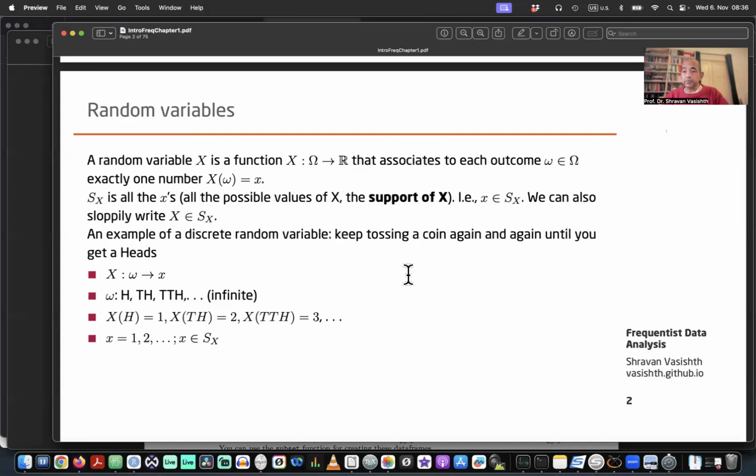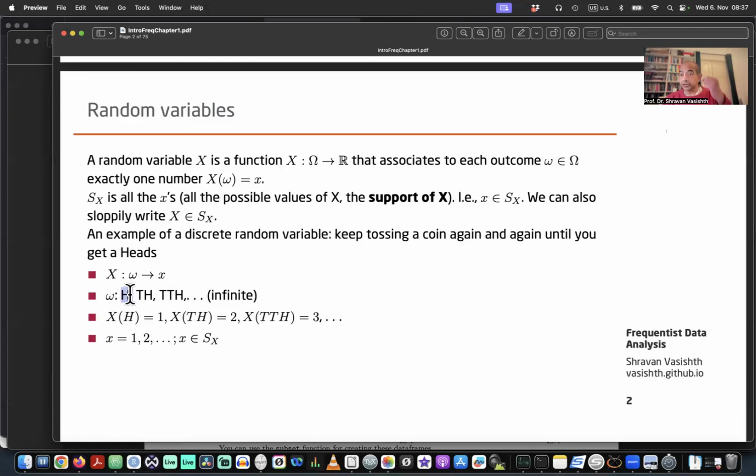One possible outcome could be that you toss the coin just once and you get a heads already. So you stop at that point. So we keep tossing until we get a heads and then we stop. Right? So in that situation, what does the random variable look like that is assumed to produce the data that we could get? The random variable is now going to be mapping every possible outcome to a numerical value. What are the possible outcomes? These are listed here.